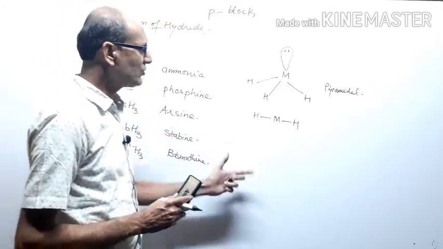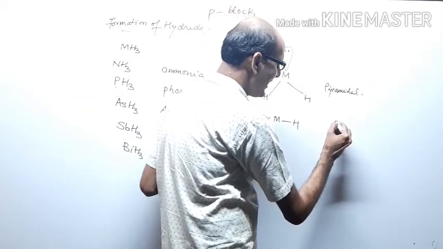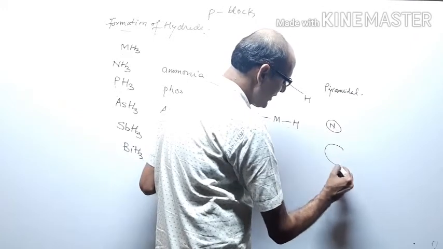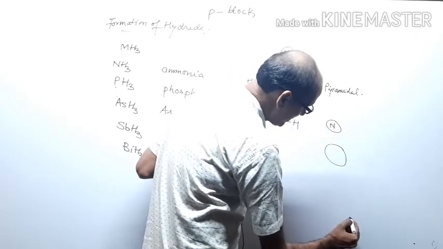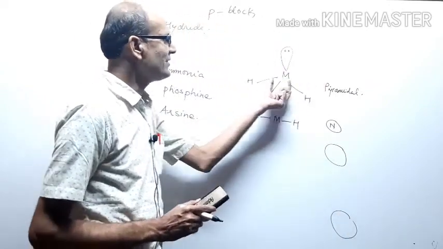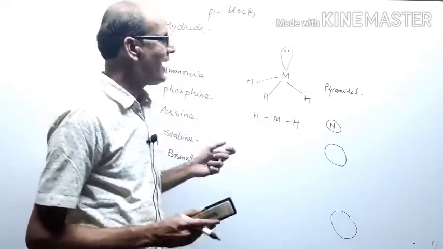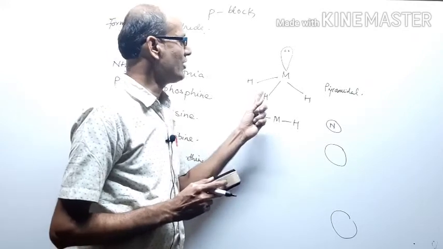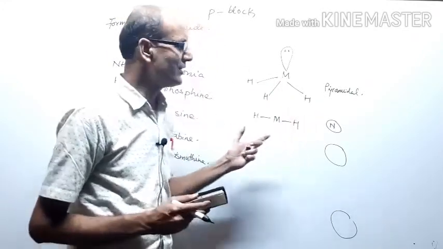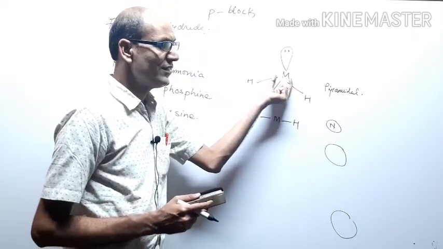As we go downside, the size of the central atom increases. Nitrogen is the smallest atom, while phosphorus is a little bit bigger, and bismuth is the biggest one. As the size of the atom increases, electronegativity decreases, and the tendency to attract electrons towards itself decreases. That's why the electron density at the central atom decreases.